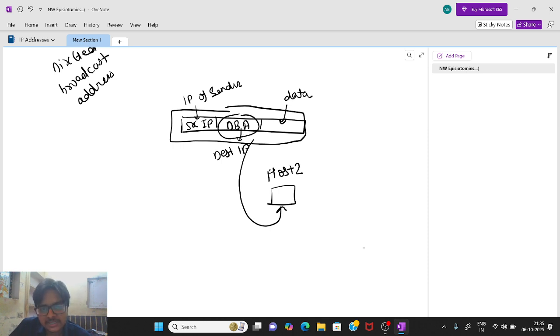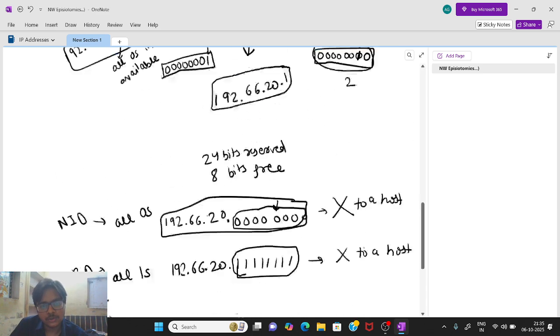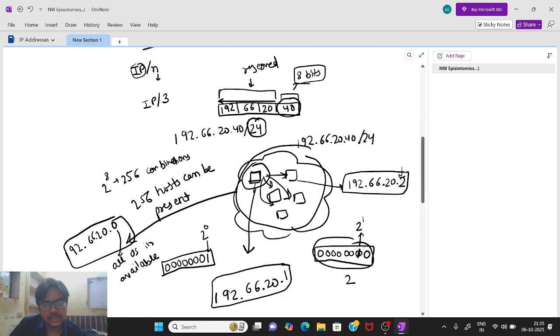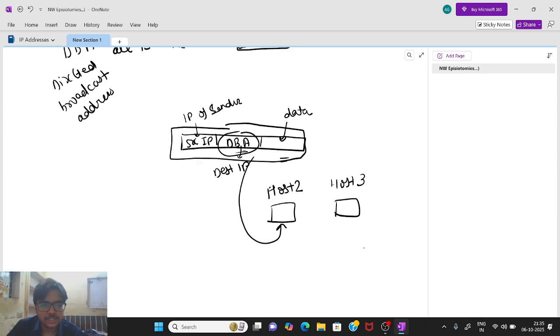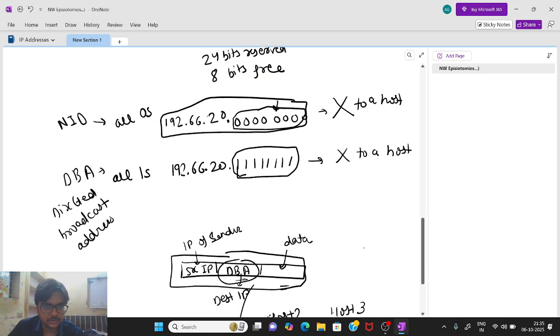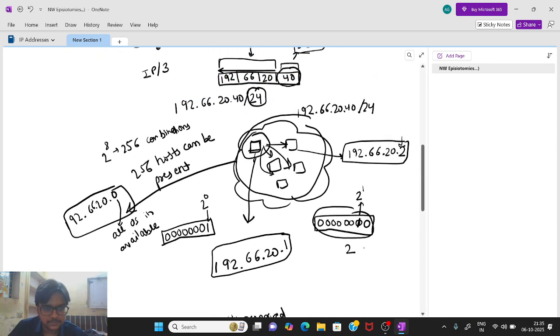So it will accept the packet and process the data from it. Similarly, another host within the network, all these hosts belong to this network only. So all these hosts can accept this packet because the DBA belongs to all the hosts. So this is also a special IP. So yep, that was all.